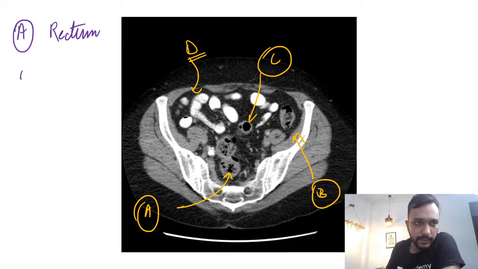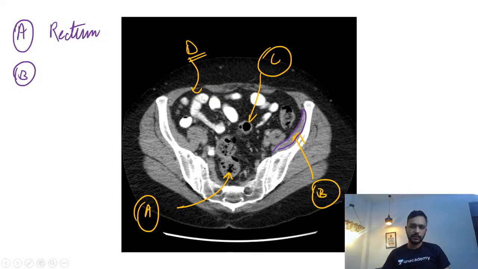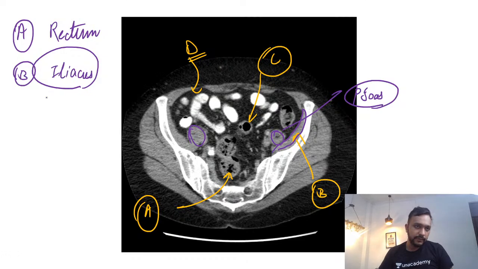Now the structure labeled as B. This muscle which is running on the iliac bone is your iliacus muscle, and together with it, the muscle seen just anterior to it is your psoas muscle. So we have the two muscles, iliacus and the psoas.